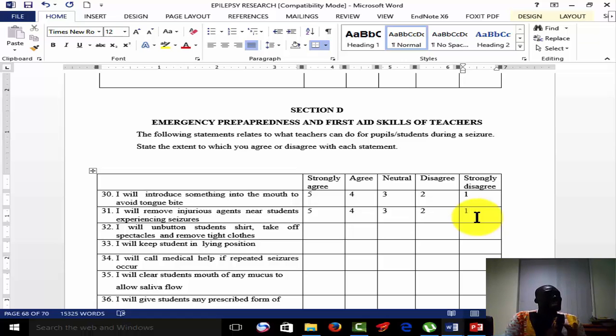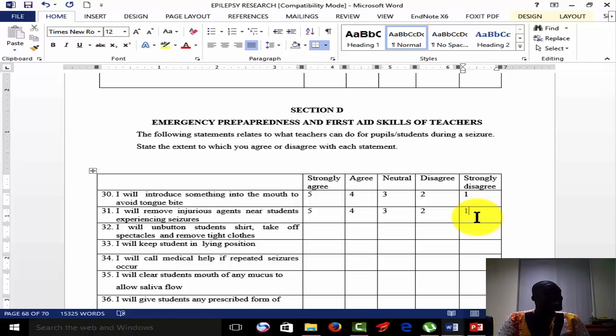So Fafa and Mr. Ajin have answered the questions already. I have the results. This is what Fafa said. When we asked Fafa, because she's a midwife, we asked her: I will introduce something into the mouth to avoid tongue bites.